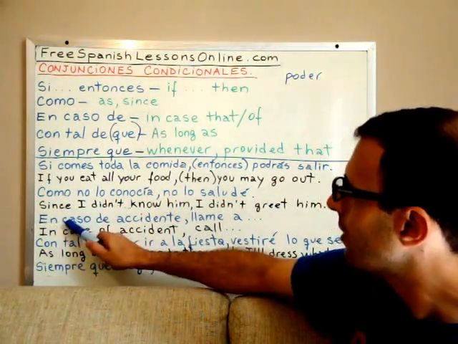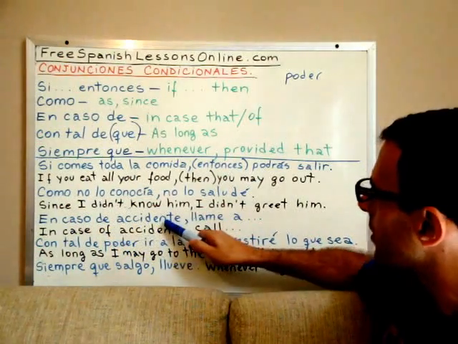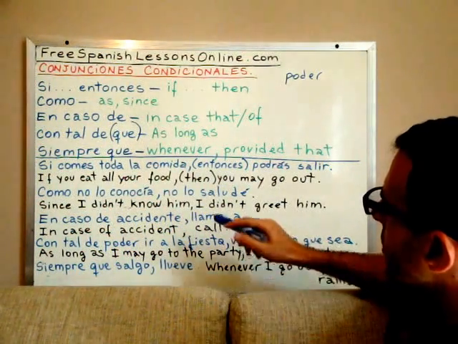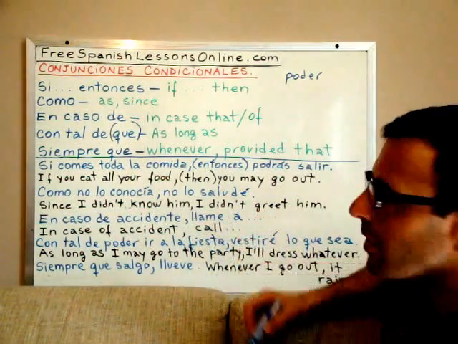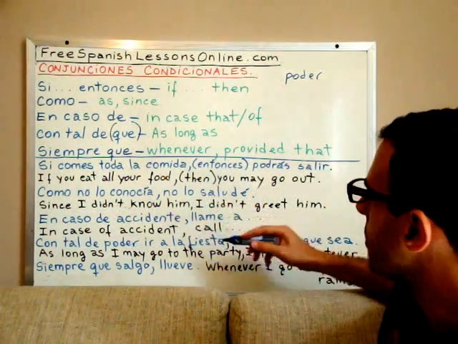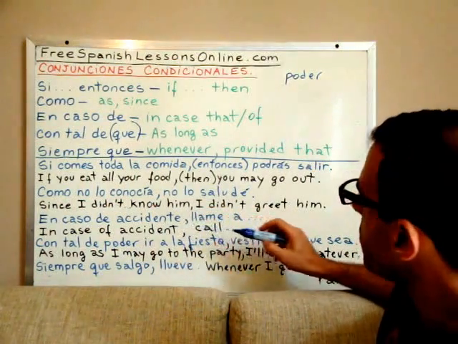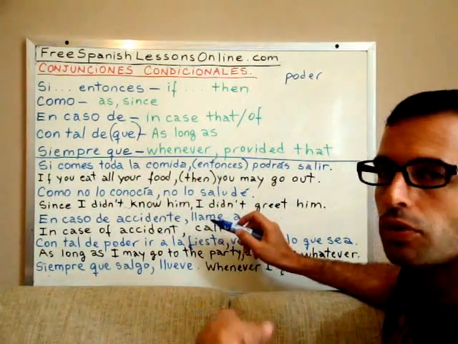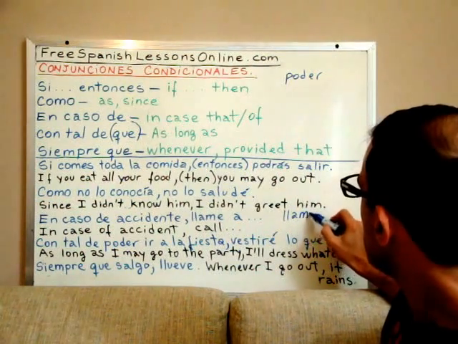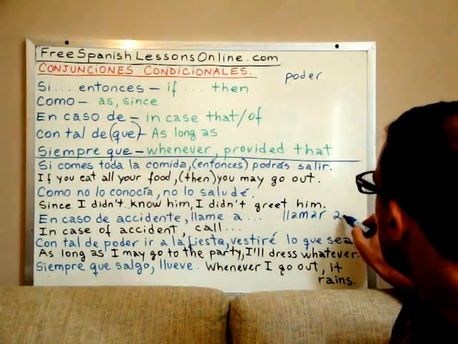In case of accident, call. In Spanish you can use llame a, the verb conjugated into the proper person, right? In this case it's you call. Or you can use the verb in infinitive, right? Llamar a, like generic.